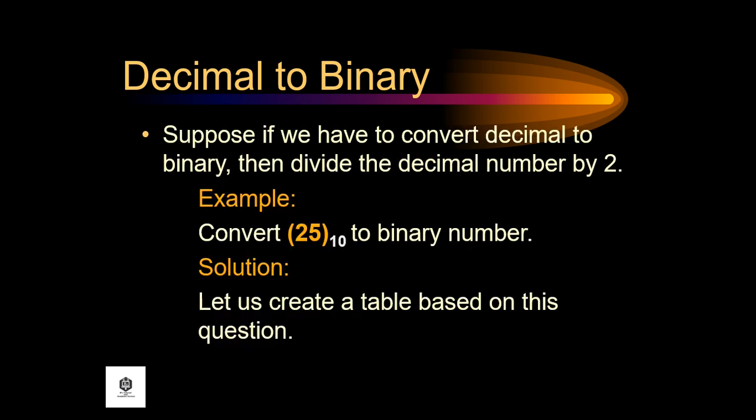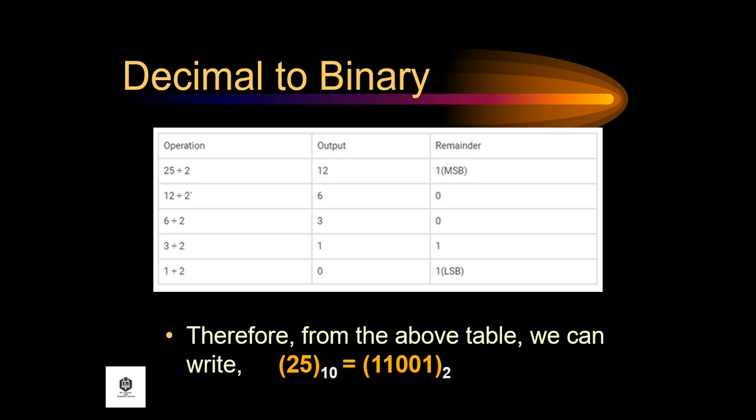Suppose we have to convert decimal to binary, then we divide the decimal number by 2. For example, convert 25 decimal to a binary number. For the solution, let us create a table based on this question. So here is the table. 25 divided by 2 is equal to 12.